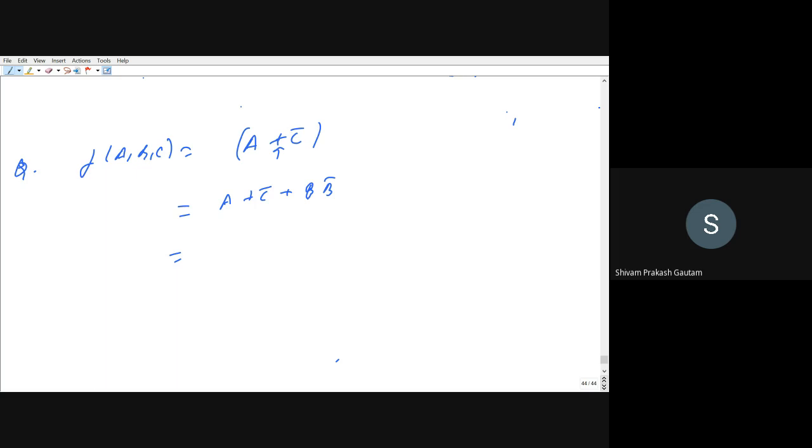Now if you include it in brackets, that is A plus B plus C bar into A plus B bar plus C bar. You can write this expression in this form, where you add each term in this variable. I am writing A and C bar, and I am adding B and B bar, and I am taking the product of it, right?